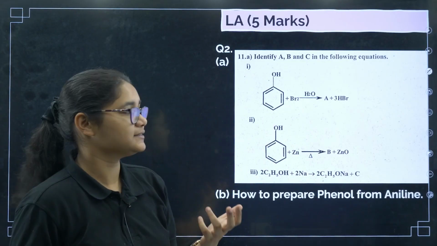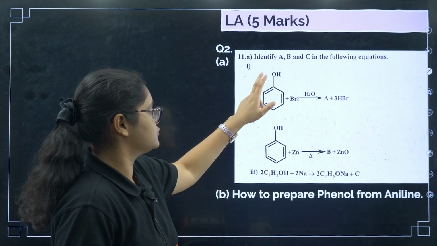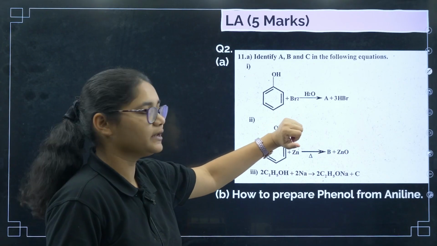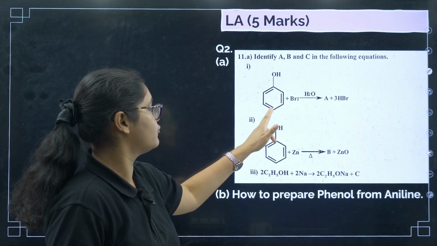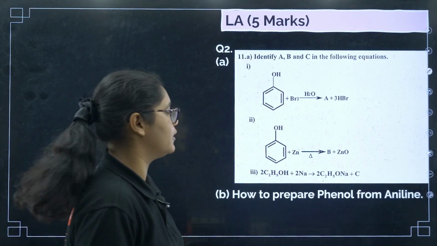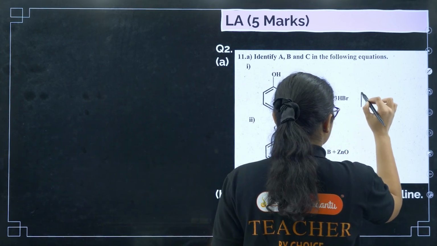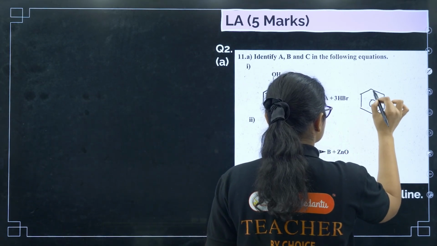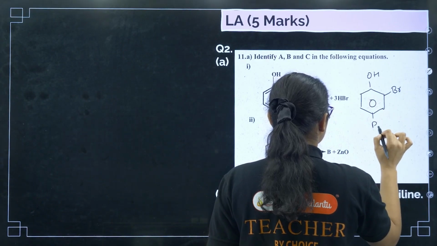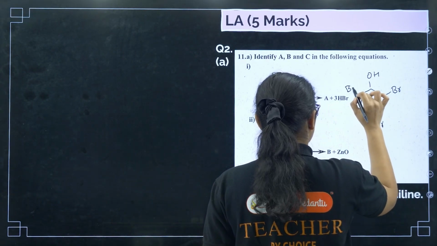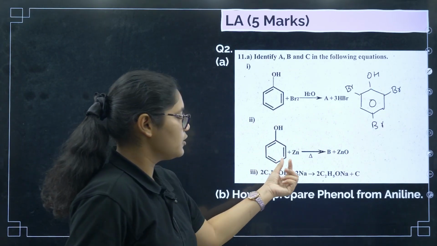Identify A, B and C in the following reaction. So we have OH and then bromine and water. Bromine and water will give you the 2,4,6 tribromo compound. So I will get the product like this, that is OH, and we will have bromine, bromine and bromine, right? Next, phenol with zinc.